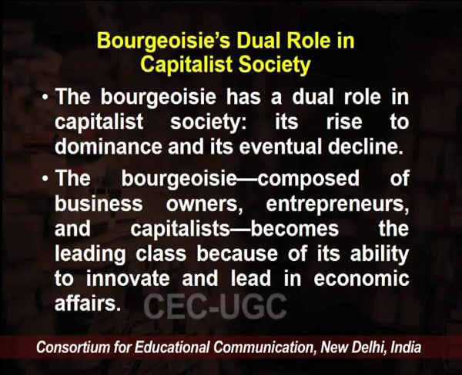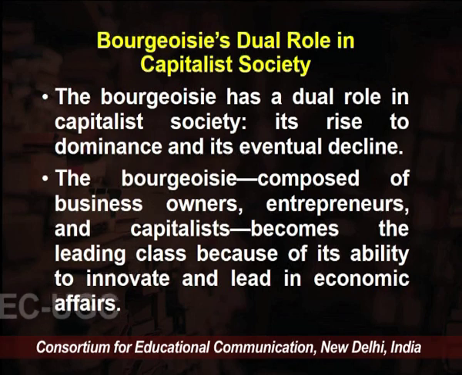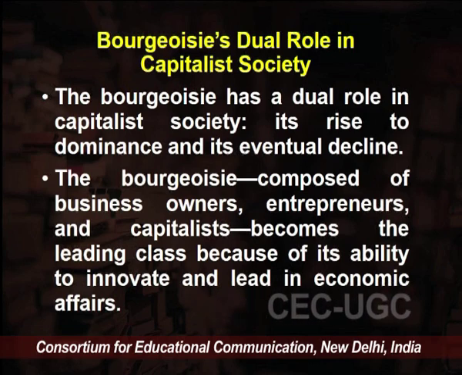The bourgeois, composed of business owners, entrepreneurs, and capitalists, become the leading class because of their ability to innovate and lead in economic affairs. Their success is based on the capacity to introduce new ideas, products, and business strategies, driving economic progress beyond just economic success. They also consolidate their status by accumulating wealth, power, and social prestige, which they then pass to future generations.